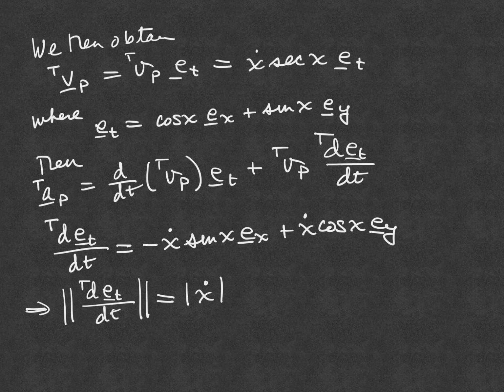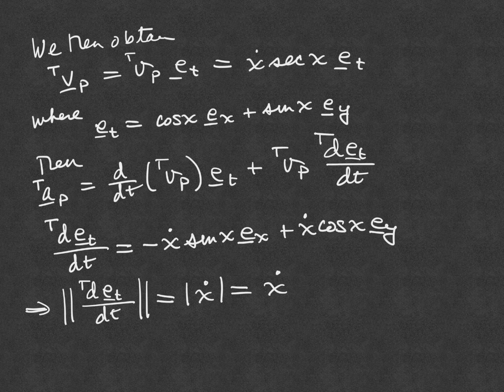You can factor out the x dot and you're left with minus sine x ex plus cosine x ey, but sine squared plus cosine squared is 1. So this is just equal to the absolute value of x dot, which, because we said x dot was greater than 0, is just equal to x dot.